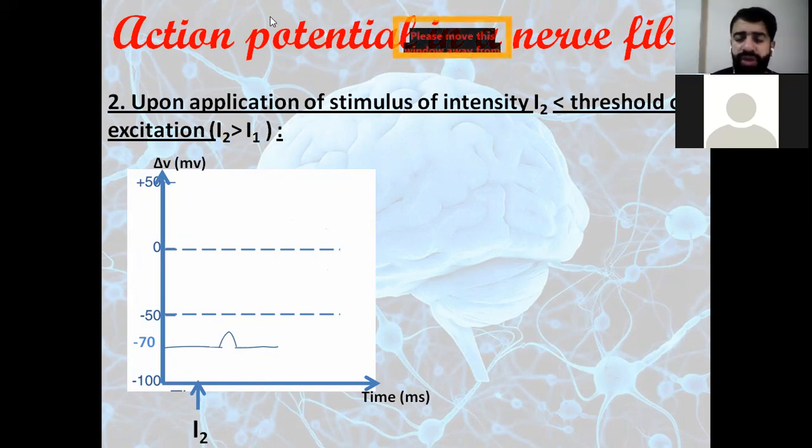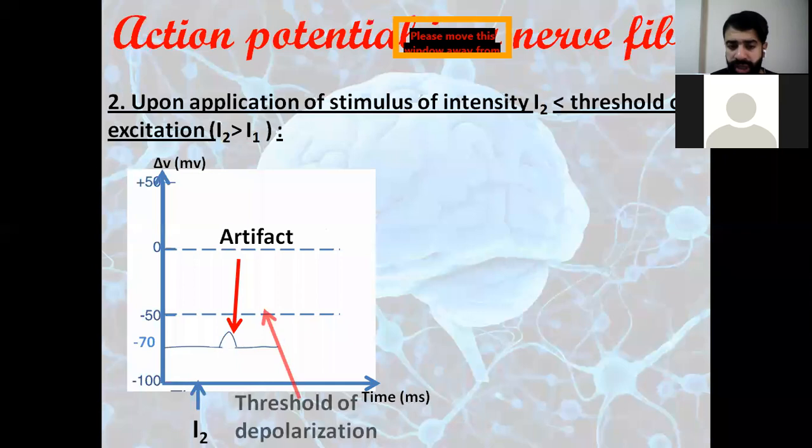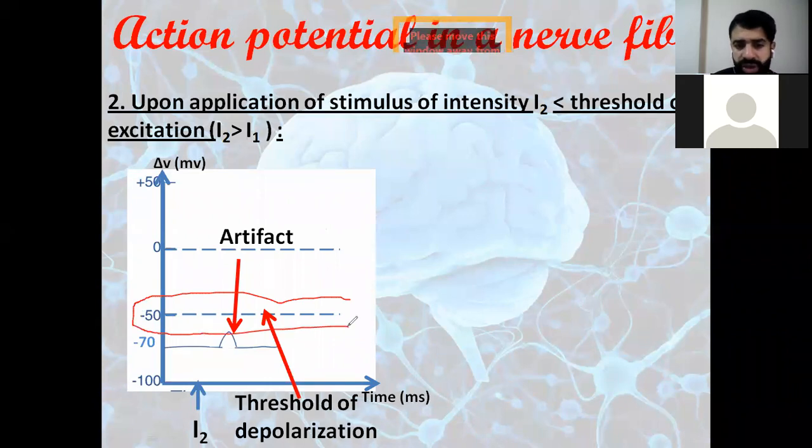It didn't reach the threshold of depolarization. So it increases a little bit, and we call this an artifact. So here there is no action potential, and it didn't reach the threshold of depolarization. Whenever it doesn't reach the threshold of depolarization, this means that there is no action potential.